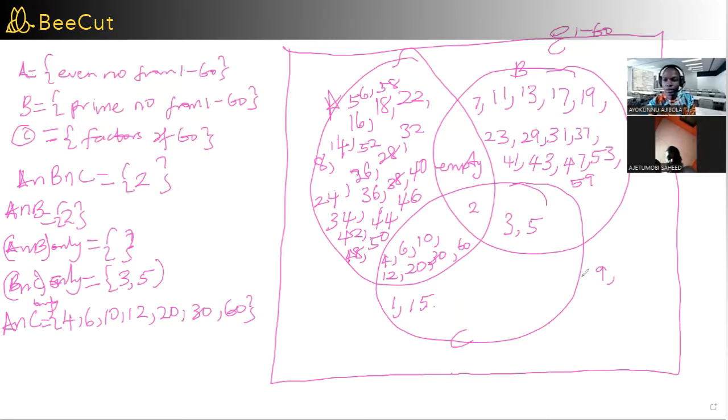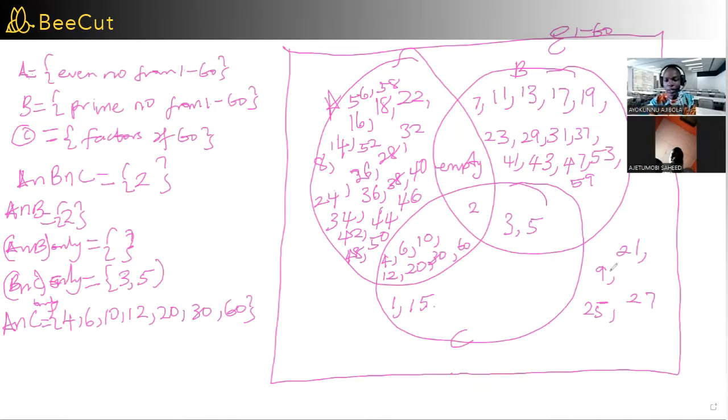Where is 21? 21 has not been catered for. Then 22 is here. 23 is here. 24 is here. 25 has not been catered for. Right? Not part of it. 26 is here. 27 has not been catered for.